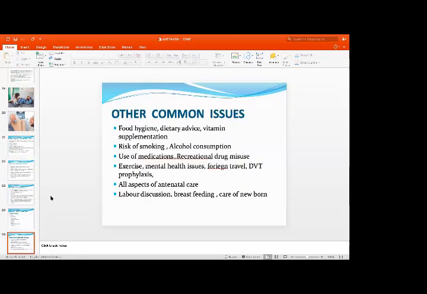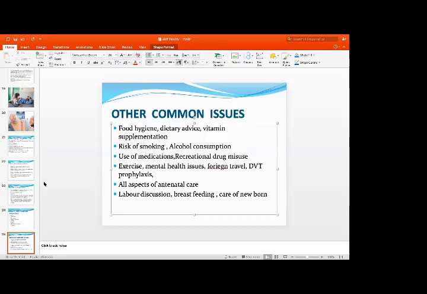Other common issues include food hygiene, dietary advice, and vitamin supplementation. The risk of smoking and alcohol consumption should be explained to her. Use of medications, recreational drug misuse. If she's taking any alcohol or any of these recreational drugs, then she should be advised to stop them.